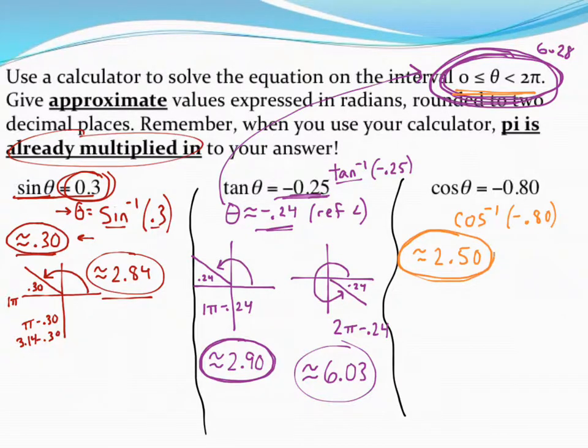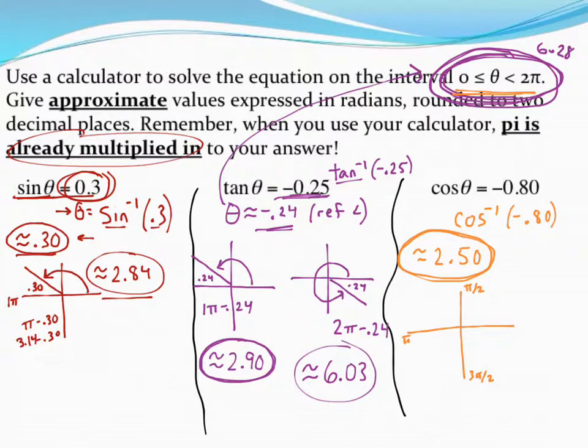The trick, the harder part of this problem comes up when you try to find your second answer. And the reason is, it's not necessarily obvious until you start to think about what's happening. I would want to draw that as a reference angle, but if I think about what this angle looks like, recall what your quadrantal angles were. That was pi over 2, that was pi, this was 3 pi over 2, remember all that.